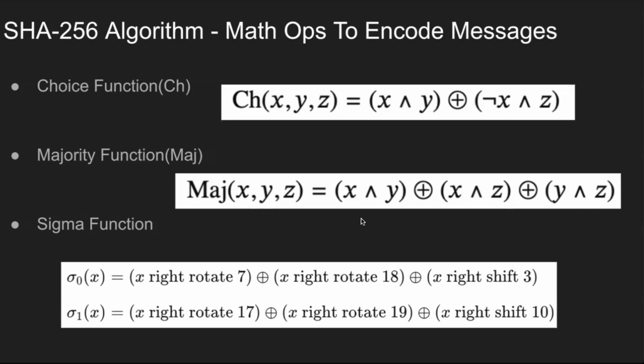The majority function works such that for each bit index, the result bit is the majority of the 3 input bits for X, Y, and Z at this index. Lastly, the sigma function rotates and shifts the X bit in this case.